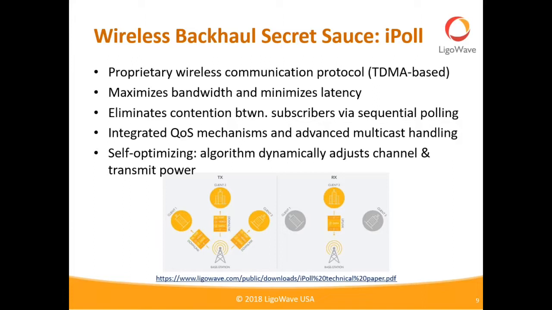As you add more subscribers, the system automatically adjusts and load balances based on how many clients are connected and how much traffic is trying to be driven by each client. There are integrated QoS mechanisms and advanced multicast handling. And as I mentioned, the algorithm is also self-optimizing, both in terms of balancing the number of remote clients, as well as being able to dynamically adjust channel and transmit power as needed.